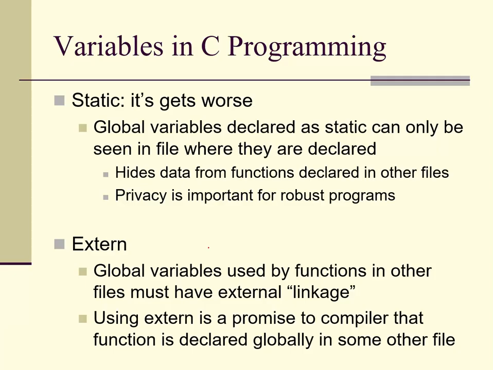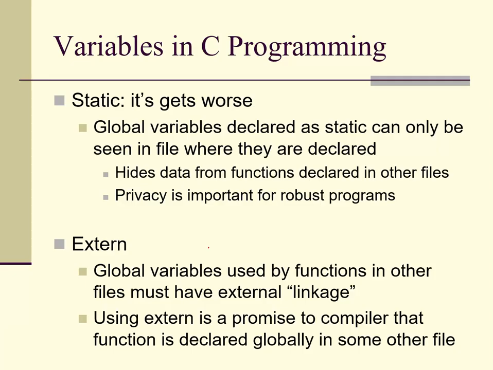Okay, and then we have another type of storage class here, extern, and I don't really know why this is called a storage class. But the issue is that if I declare something globally, that means other functions can see it. I'm not going to officially declare it in the other files, but I kind of need to tell the compiler that, hey, there's this variable out there that I'm going to use, but I'm not going to define it here.